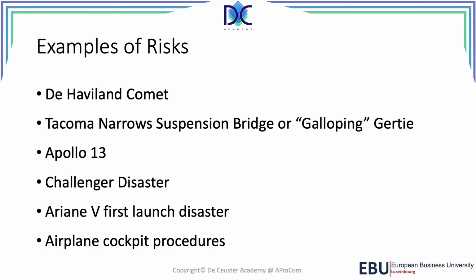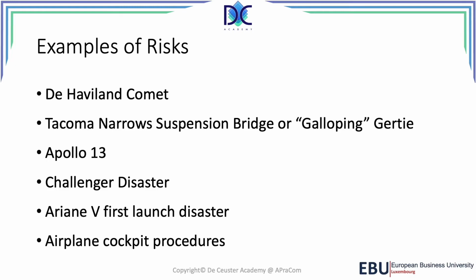Ariane 5 first launch disaster. The Ariane 5 rocket is a rocket that was developed by the European Space Agency. One of my friends is a cosmonaut, and he went through the training, so he also knows about all these risks.